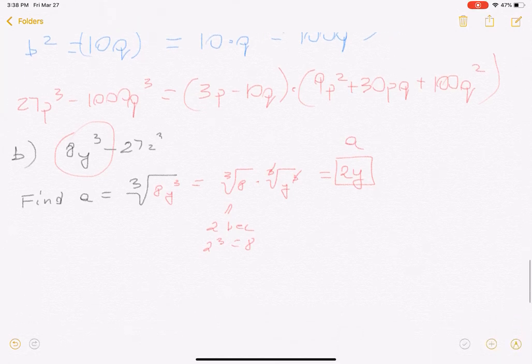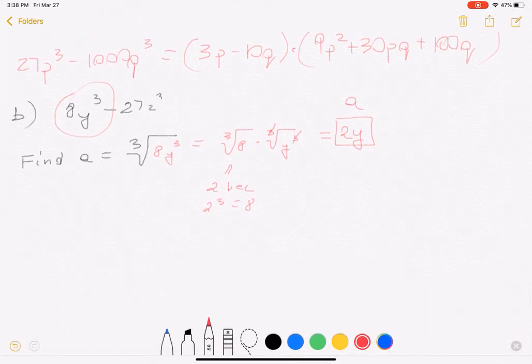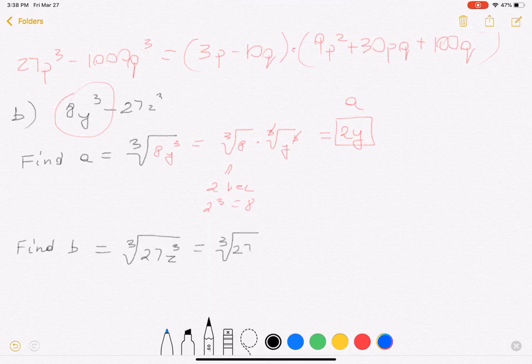Let's find B. Take the cube root, because we're working with difference of cubes, so I undo the third power, which means I'm taking the root of third index. So take the cube root of 27z to the third power, which is the same as cube root of 27 times the cube root of z to the third power.